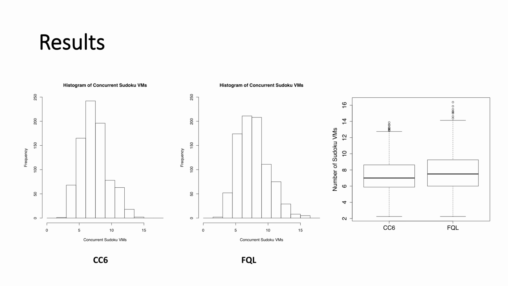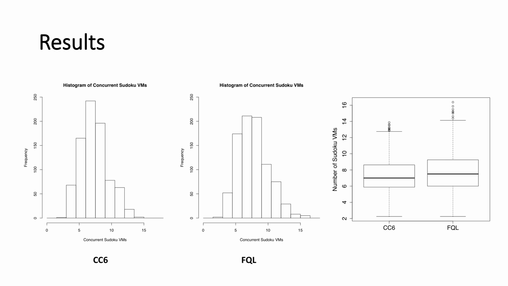By contrast, all the bars for the higher numbers of concurrently running Sudoku VMs, from 7 onwards, are larger for FQL, which means that most of the time there are more Sudoku VMs concurrently running when using FQL.